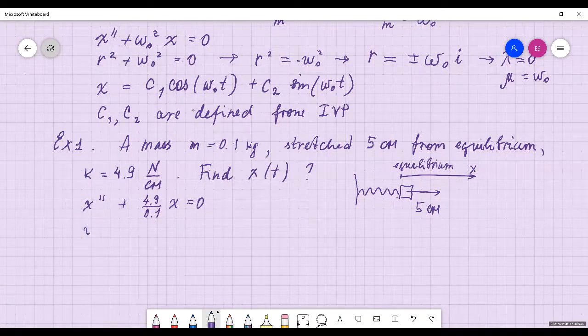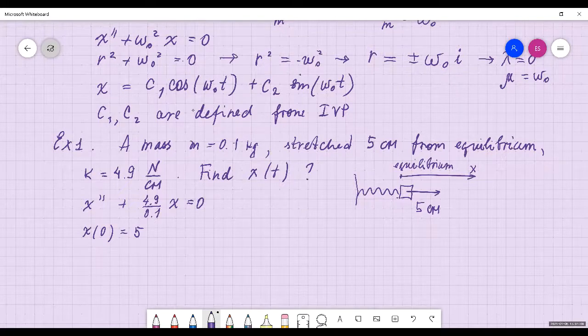So I'm going to write down that x of 0 equals 5 centimeters. If I put my x-axis in the opposite direction, then obviously my initial position is going to be minus 5 centimeters. So pay attention to the direction of the initial stretch and the direction of your x-axis.